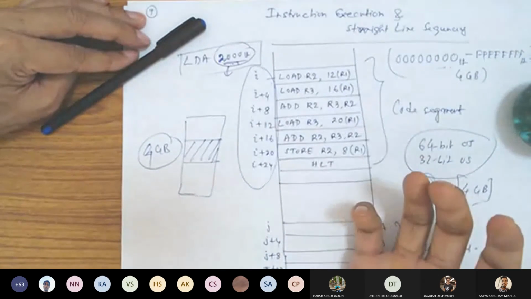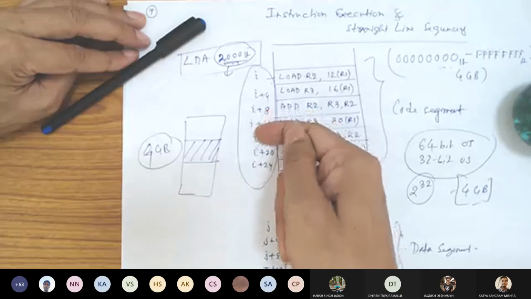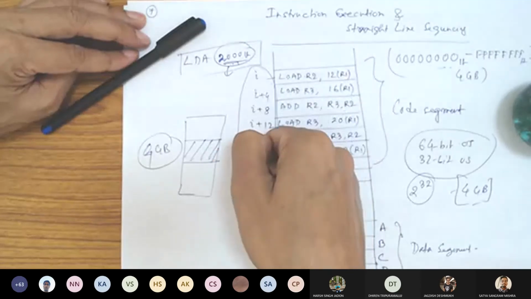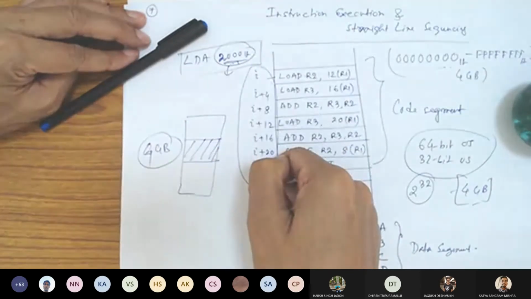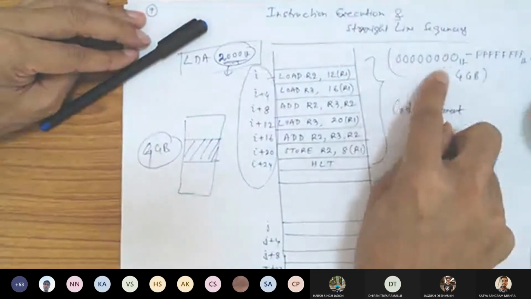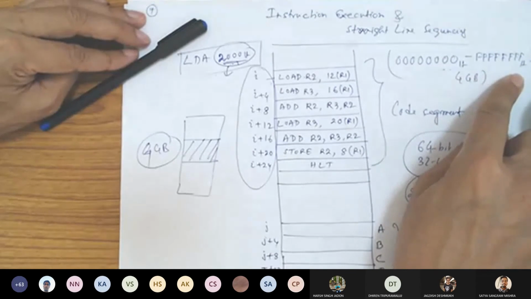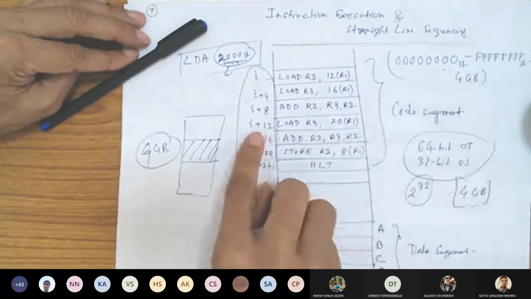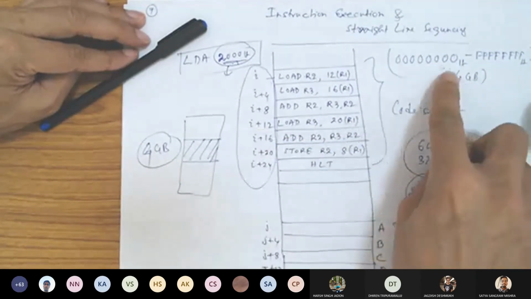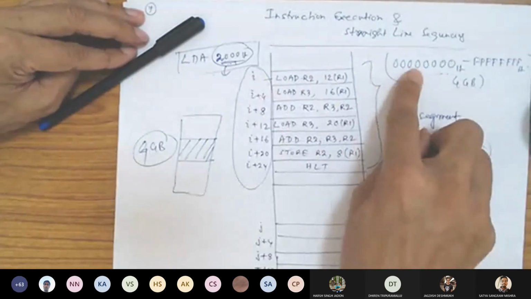So the physical addresses will change, but the logical addresses I plus 4, I plus 8, I plus 12, I plus 16 will never change. These are relative locations with respect to the 0 location. Logical address starts from the 0 location and it ends with FFFFFFFF. So if the I plus 2 instruction is stored somewhere in between, it will always remain relative to 0. So your I equals 0 there.